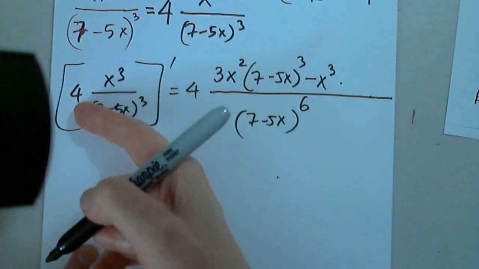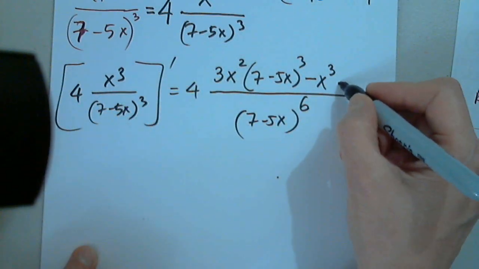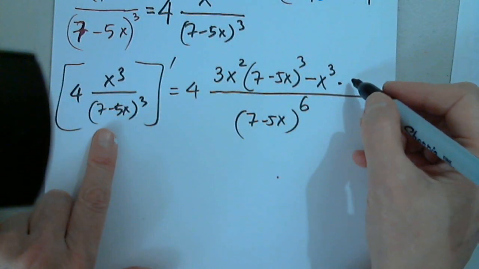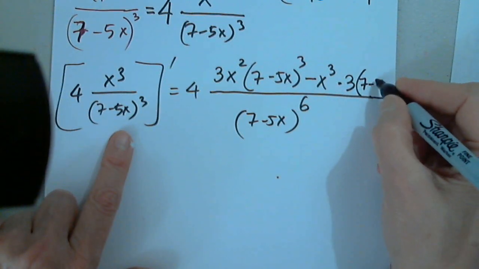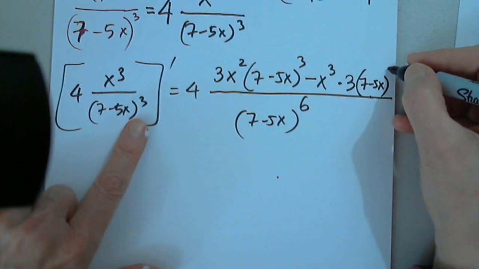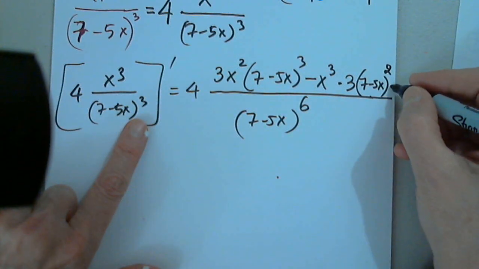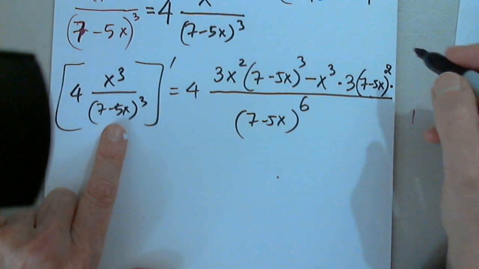Can anyone differentiate this for us? It would be 3 times (7 minus 5x) squared. Excellent. Times the inner function prime.